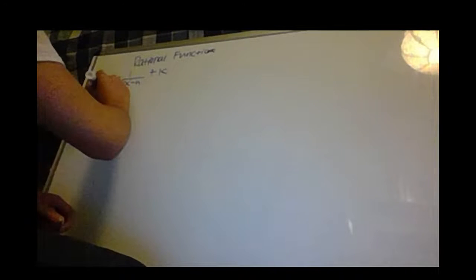The more common form that they would always give you is f of x equals ax plus b over cx plus d, such that a does not equal 0.